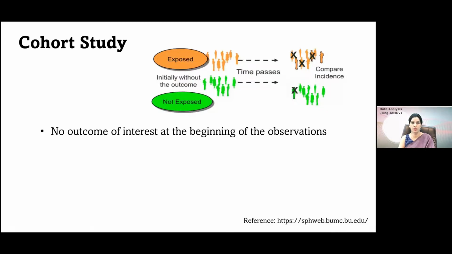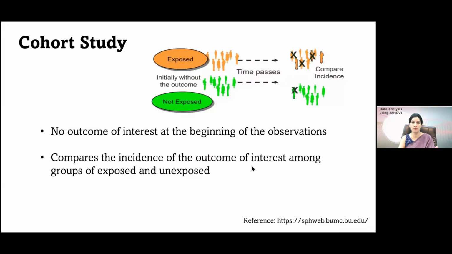In a cohort study, like I said, you start with the exposed and non-exposed group. And then as time passes, you compare how few people develop the disease in the exposed group and how many develop the disease in the non-exposed. So there is no outcome of interest in the beginning of observation, but as we move ahead, there are some observations.